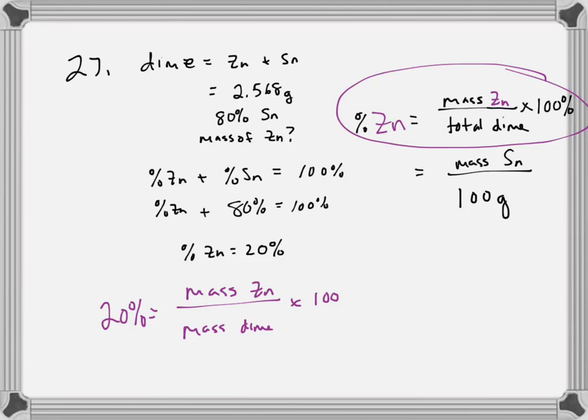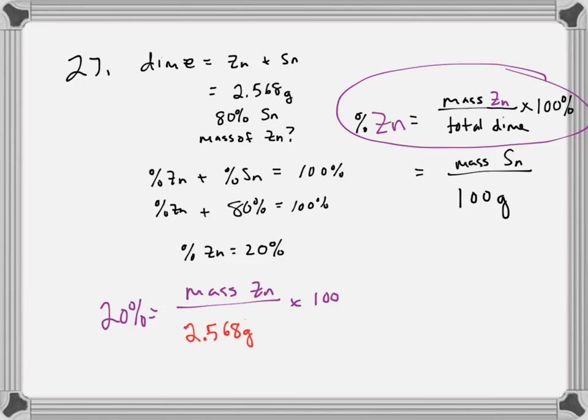Do I know the mass of zinc? No, that's what I'm solving for, so no, I don't know that. Right? Do I know the mass of the dime? Yeah. It's 2.568 grams. Can I solve for the mass of zinc now?